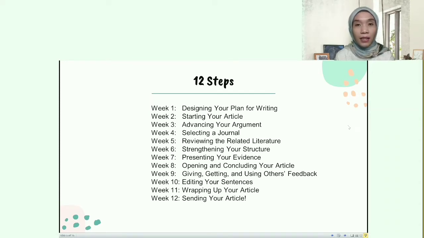I adapted these 12 steps from Wendy Laura Belcher. The book is entitled Writing Your Journal Article in 12 Weeks, A Guide to Academic Publishing Success. And I love this book because it's really practical. It gives you not only the template, but really tips and tricks in dealing with each week.